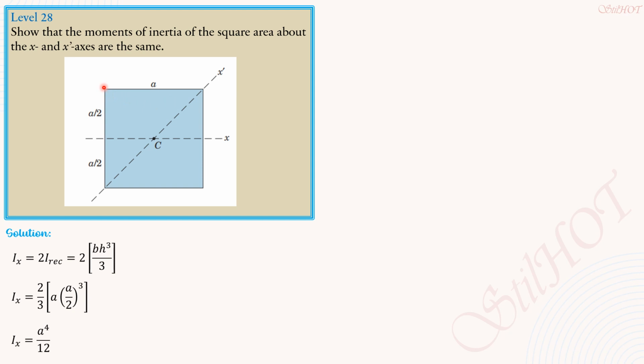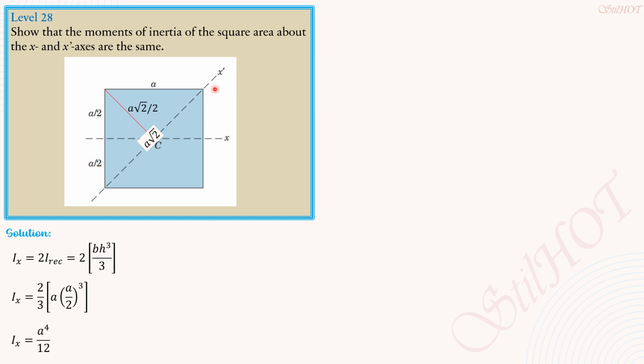The height is because this length and that length are equal. So this is A, this angle is 45, so A sine of 45 degrees is A square root of 2 over 2, also A cosine of 45, which is equal to this A square root of 2 over 2. Then since this length is also equal to this length times 2, it is A square root of 2.